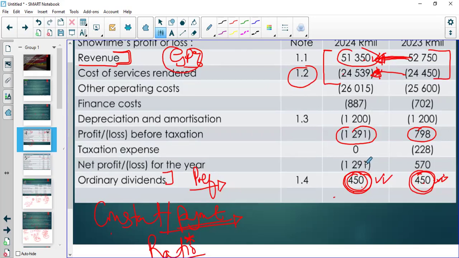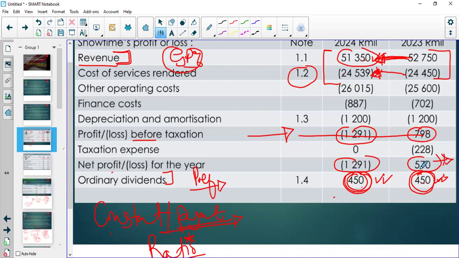It's not related to financial performance, and over time, if the losses continue, right? Sorry, we talk of net profits after tax, so this will be this one, not 798. We will be making a judgment based on the 570.